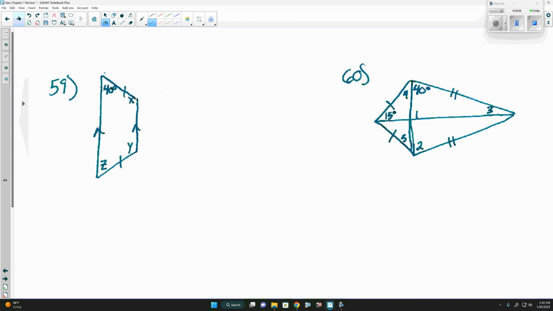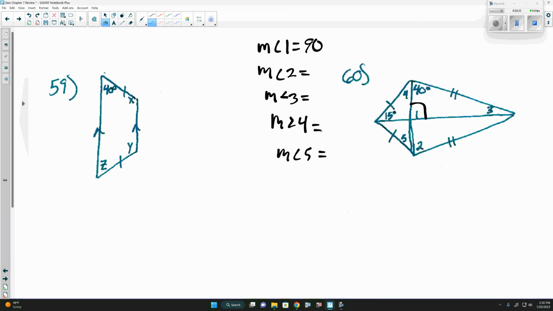60 is a kite, and the diagonals of a kite are perpendicular, which tells us that the measure of angle 1 is going to be 90. So we have 5 angles that we're trying to find. Now in the top triangle here we have 40, 90, and the measure of angle 3.